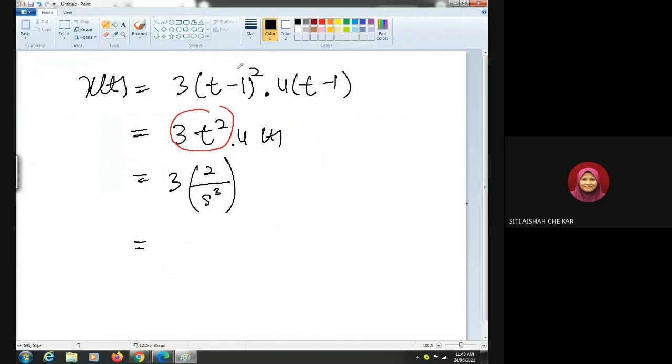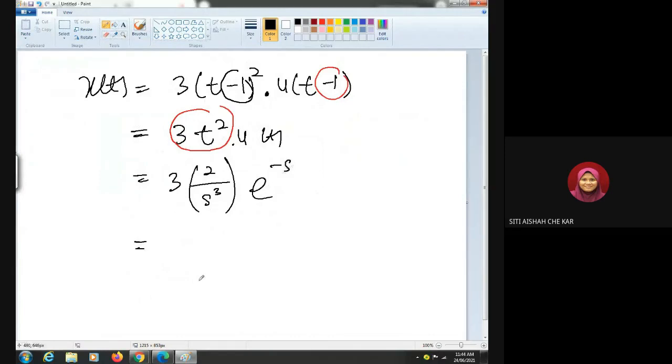So ada shifting ni. So shifting dia berapa? Negative 1 kan? So your final answer you just maksudnya darabkan eksponen minus S. Tadi jawapan saya buat apa?